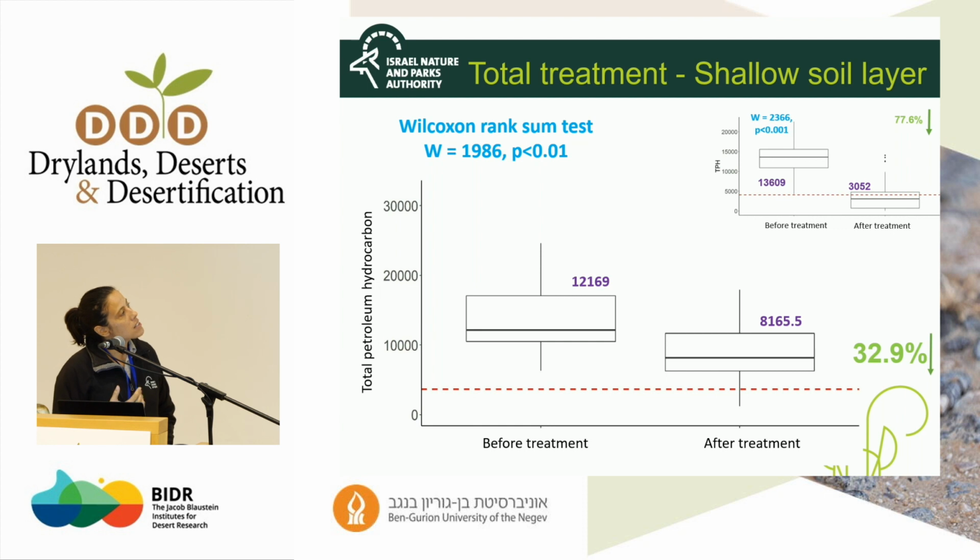After 3 months, we did another soil sampling, and you can see that the results were not duplicated in the upscaling. While the pilot, you can see in the corner there, had over 70% reduction, the full treatment only had a 32% reduction.